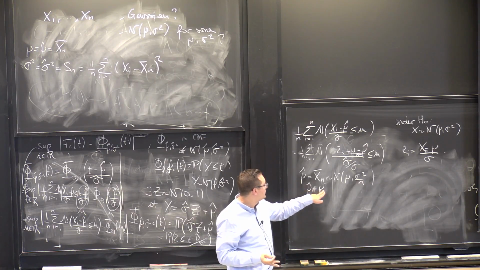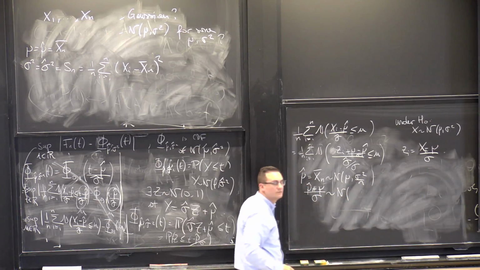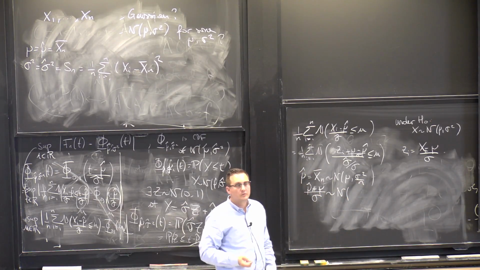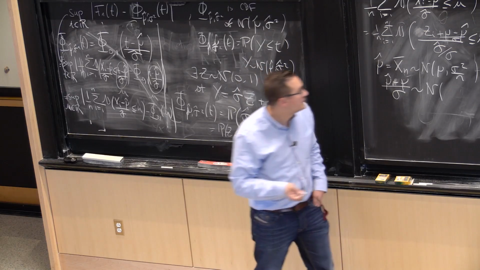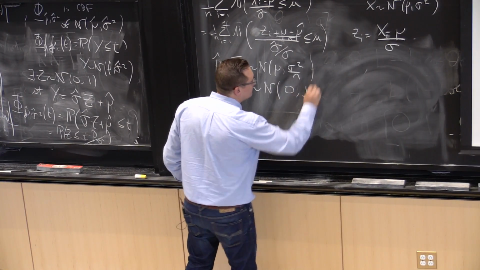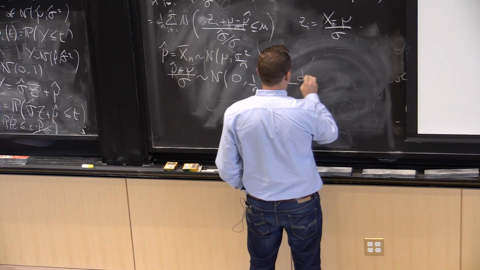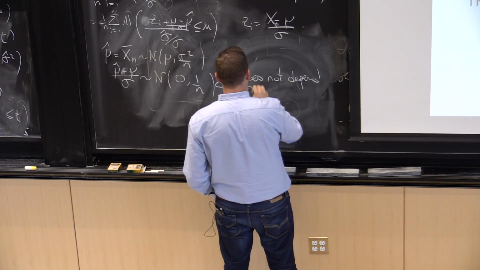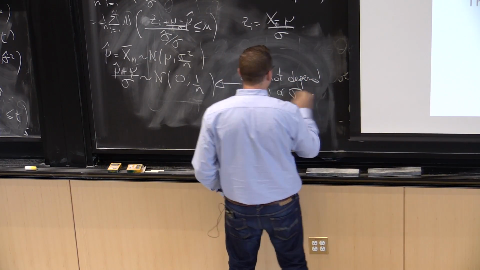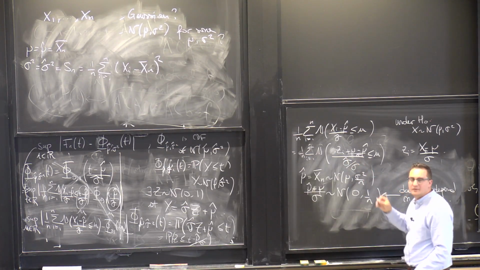So when I do (mu hat - mu)/sigma, this thing has what distribution? It's still a normal, a linear transformation of a normal. What are the parameters? 0, 1 over n. But this does not depend on mu or sigma. Now I need to check that sigma hat over sigma does not depend on mu or sigma.